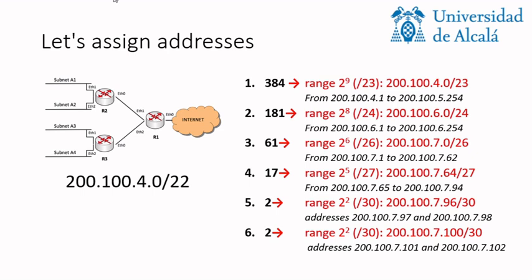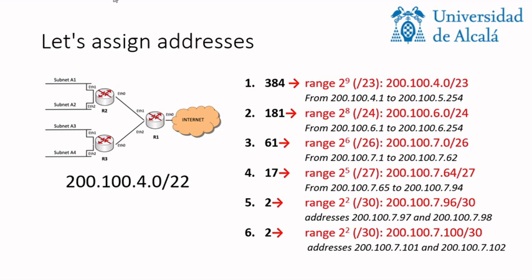In this case, the mask /24 provides a group of 256 addresses, which is enough. Therefore, the range goes in this case from 200.100.6.0 to 200.100.6.255, which is once again the broadcast address.